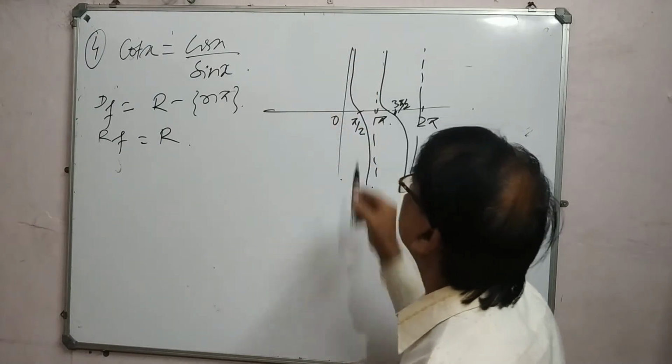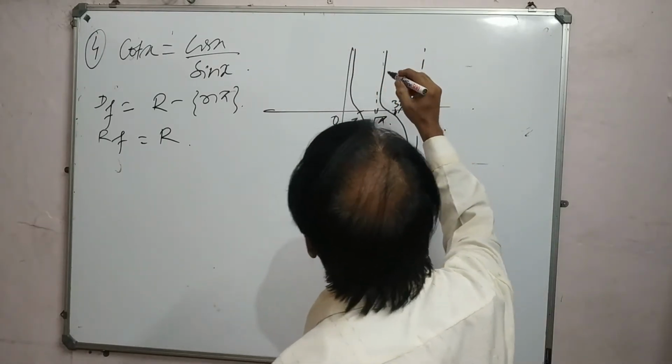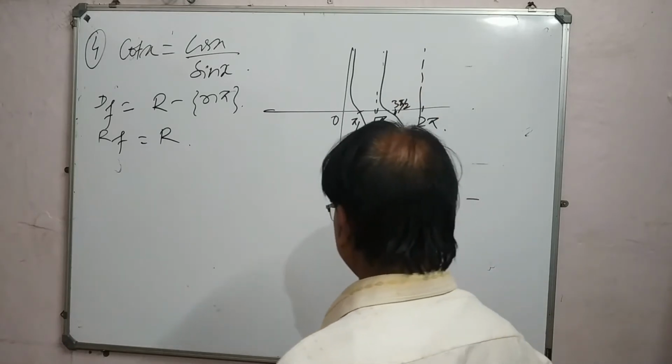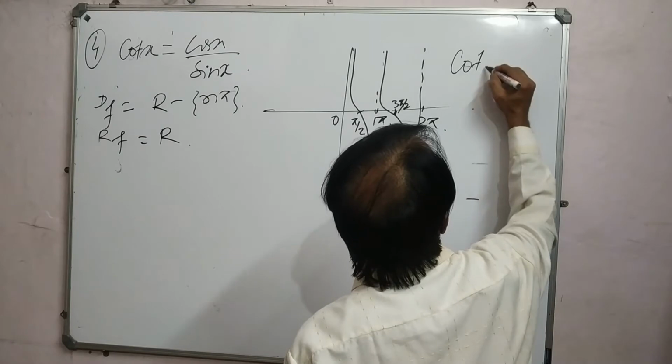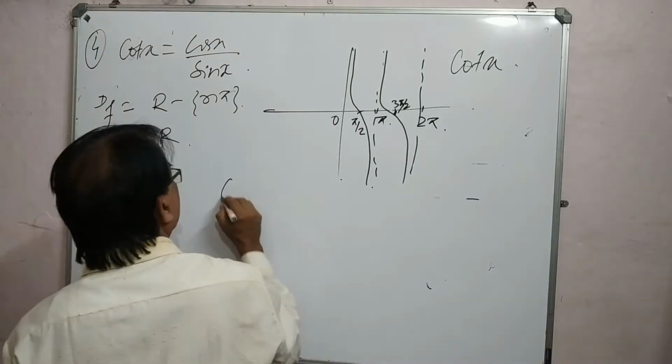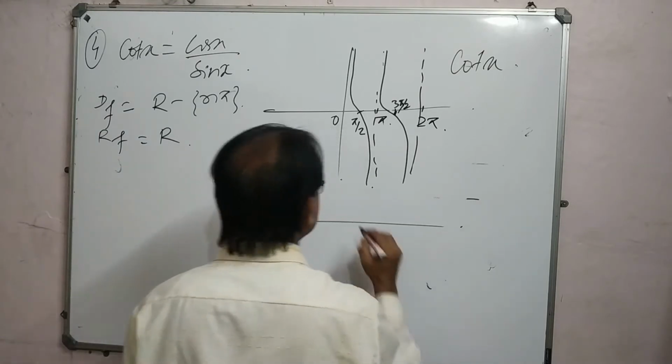Cot 0 is not defined, so it's an asymptote, and cot pi is also not defined, and cot pi by 2 is 0. So this is the graph of cot x, and coming to cot inverse x, interchanging the x and y axis.